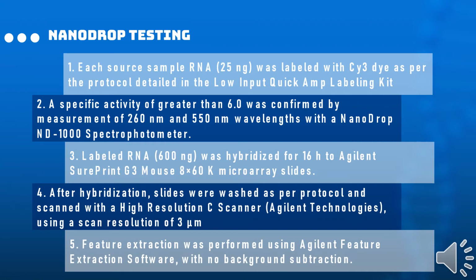And fourth, after hybridization, slides were washed as per protocol and scanned with a high-resolution scanner using a scan resolution of 3 micrometer. Lastly, feature extraction was performed using Agilent feature extraction software with no background subtraction.